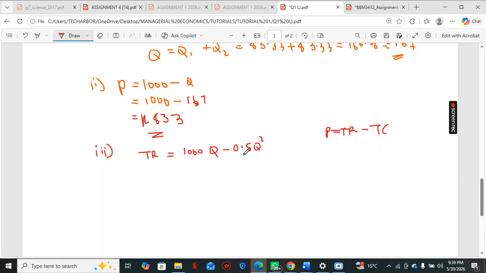Okay, so let's get our actual total revenue. So we're going to say 1000 multiplied by q, which is 167, minus 0.5 multiplied by 167 squared.